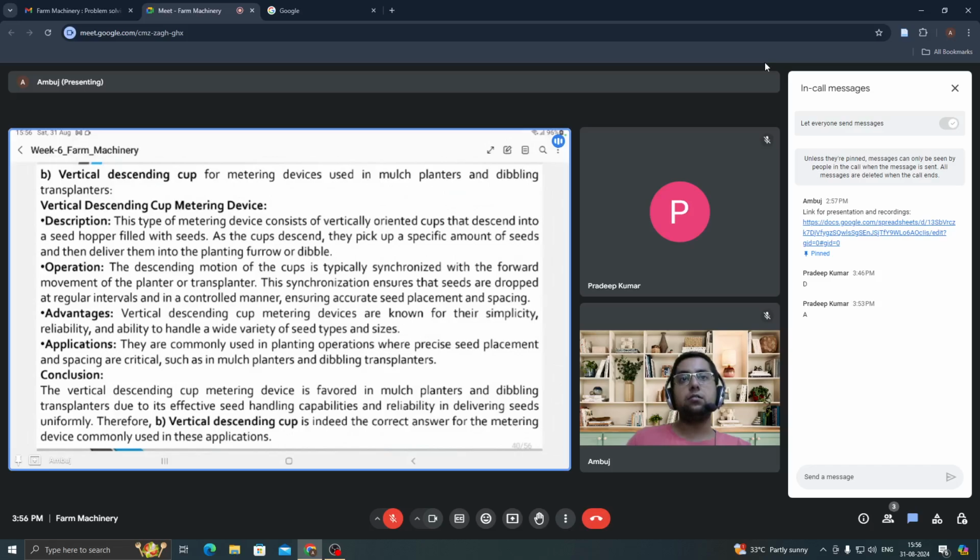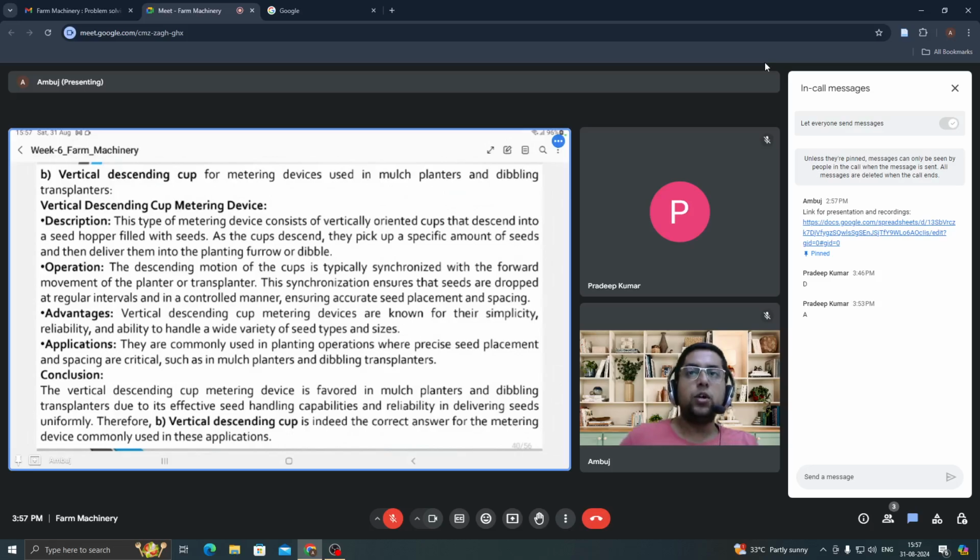Advantages include simplicity and reliability. As you can see here, the mechanism is driven by chain, so torque transmission would be equal and slippage would be less. This is a particular advantage, just for your kind information. It is commonly used in planting operations where precise seed placement and spacing are critical, as in case of mulch and dibbling planters.